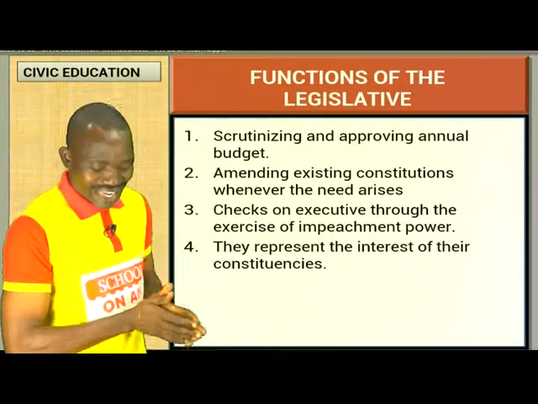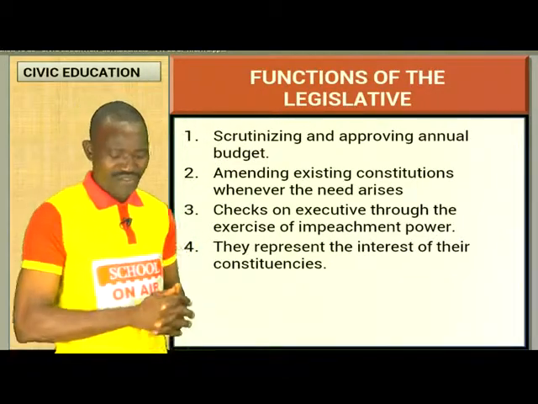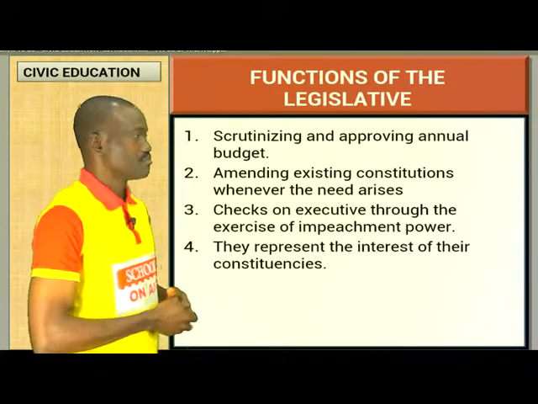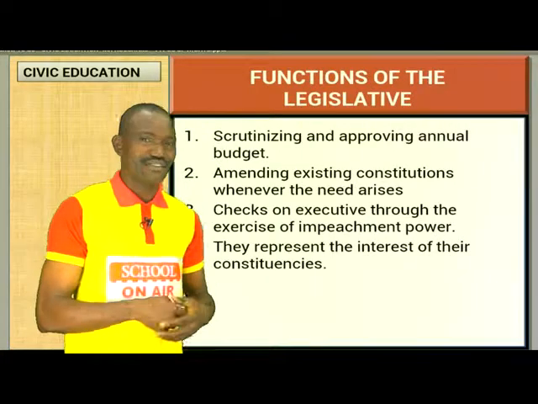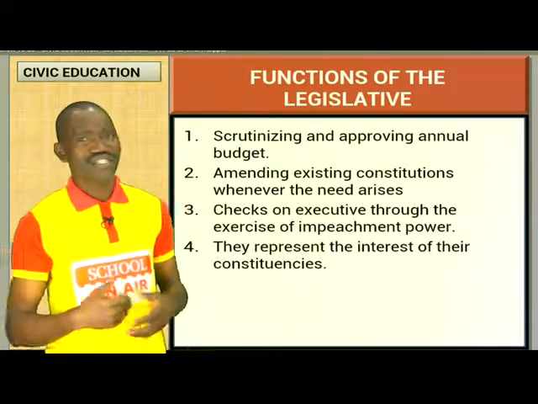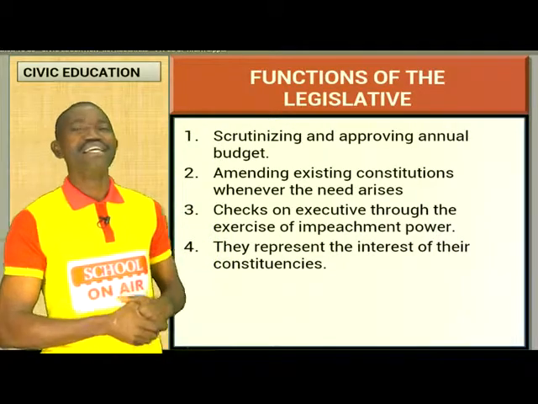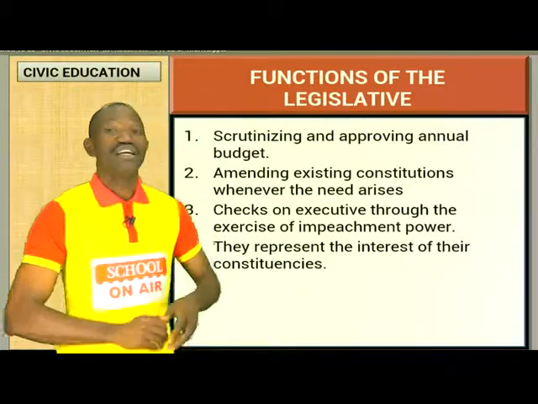Number four, the legislature acts as representatives of the interest of their constituencies. Each and every one of them was elected from their constituency to represent them. And so on the floor of the assembly, they represent the interest of their constituencies.